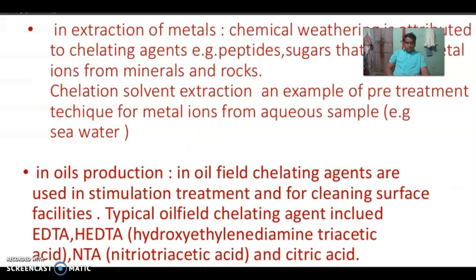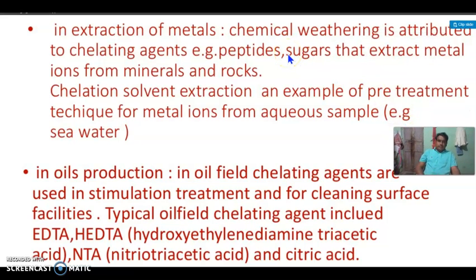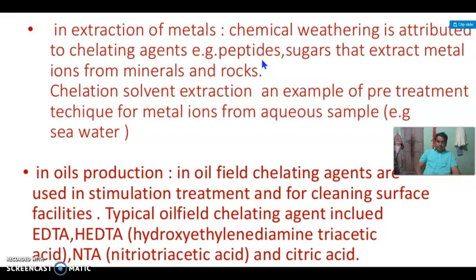Now the next, extraction of metal, is a very important application of chelating agents. Chemical weathering is attributed to chelating agents, for example peptides and sugars that extract metal ions from minerals and rock.